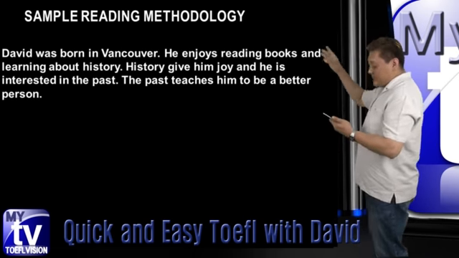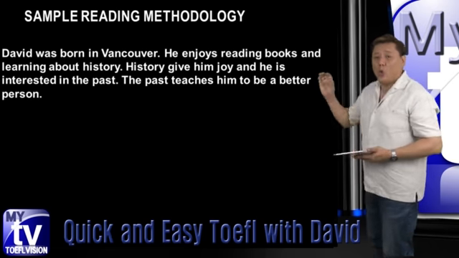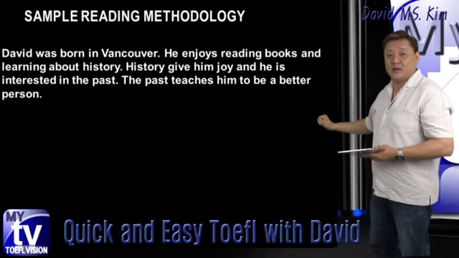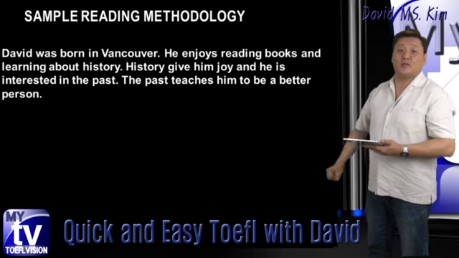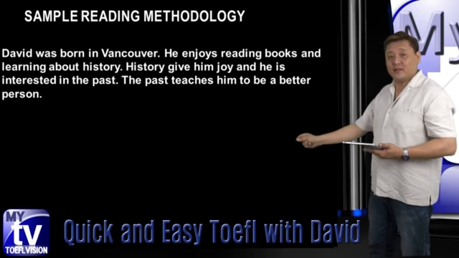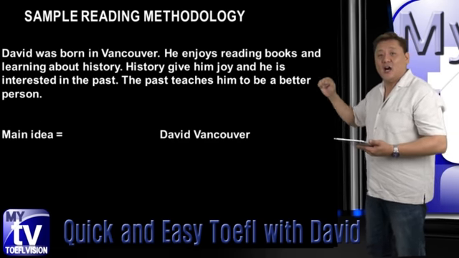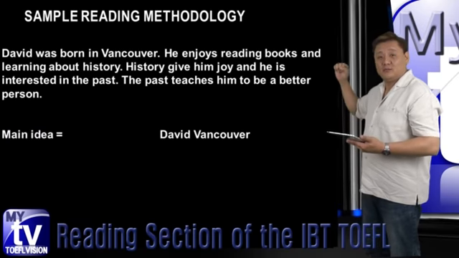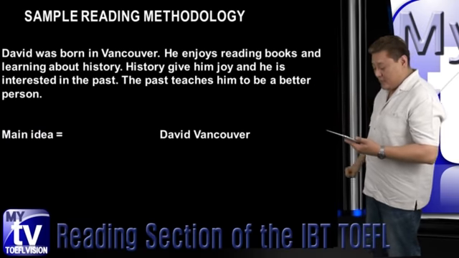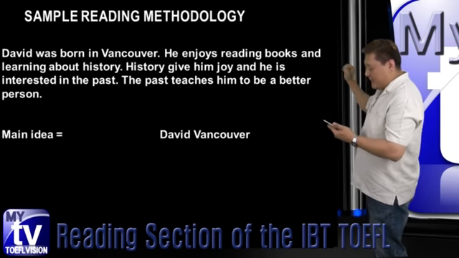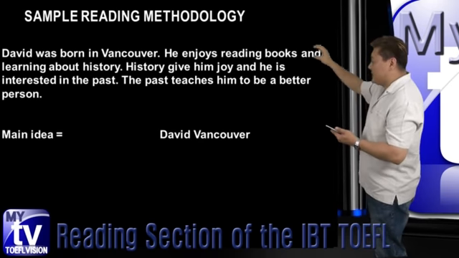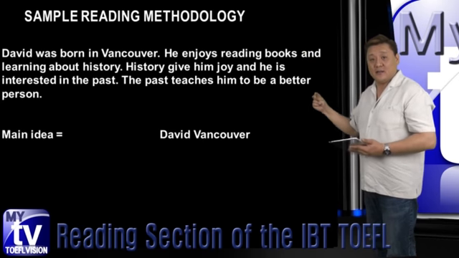So if you take a look at the first sentence, David was born in Vancouver, what do you think this whole thing is talking about? David from Vancouver, right? Correct. So that's going to be the main idea of the whole paragraph. David, Vancouver. Great.